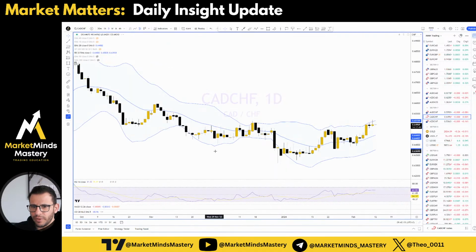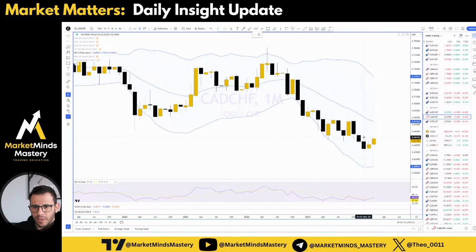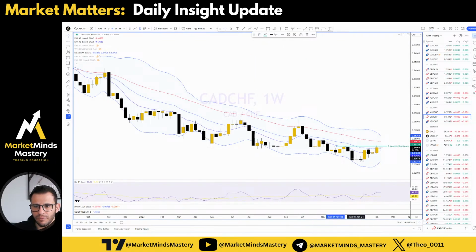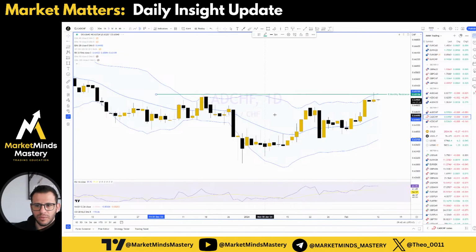CAD CHF. So on the daily chart, I was looking at this one actually this morning because if you go on the monthly chart and you find the high, here there is a monthly resistance. Then on the weekly time frame, price is right at this resistance, of course.